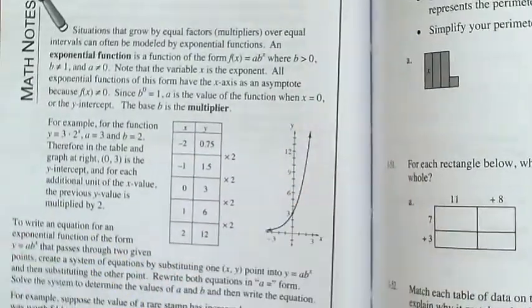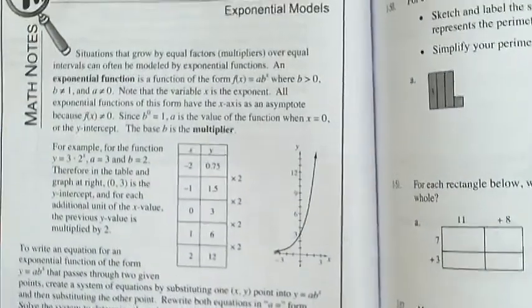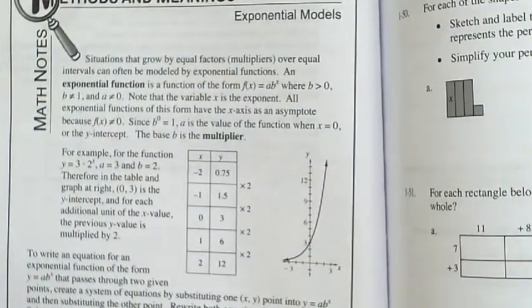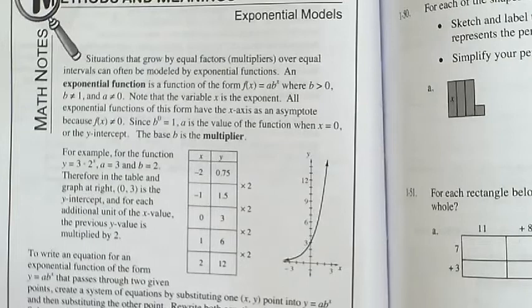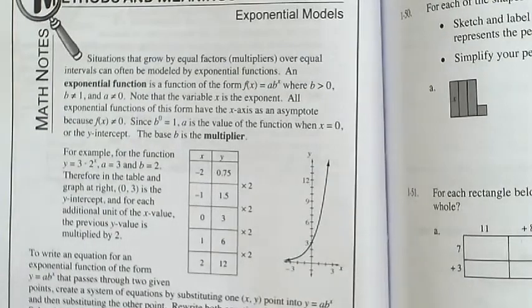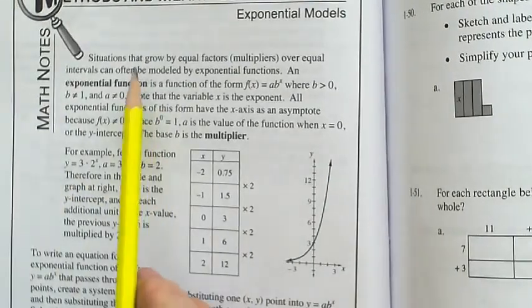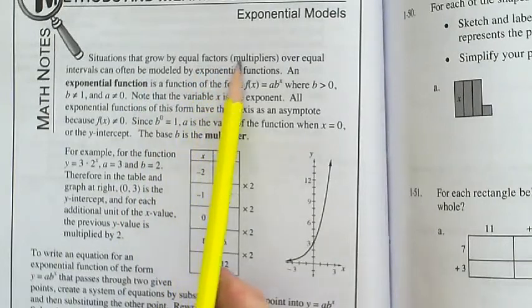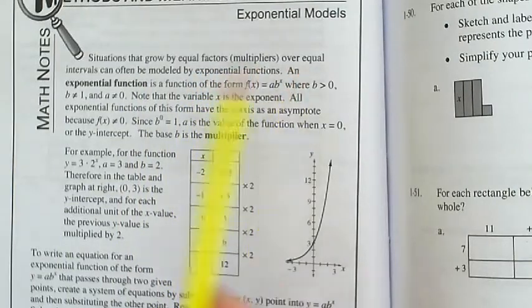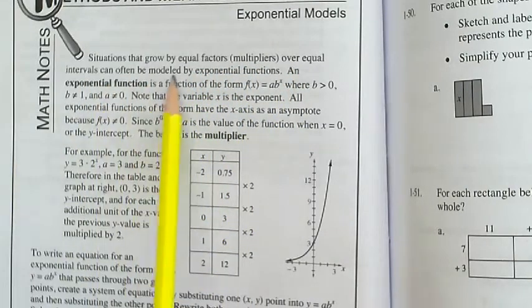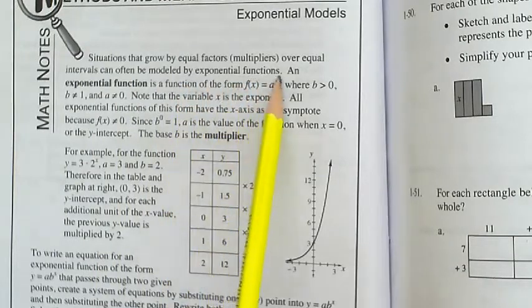I will do some explaining as we do them, but as the year goes on, I won't explain as much because I will have expected you to have done the homework and watched the video and so on. Okay, situations that grow by equal factors, multipliers, over equal intervals can often be modeled by exponential equations.